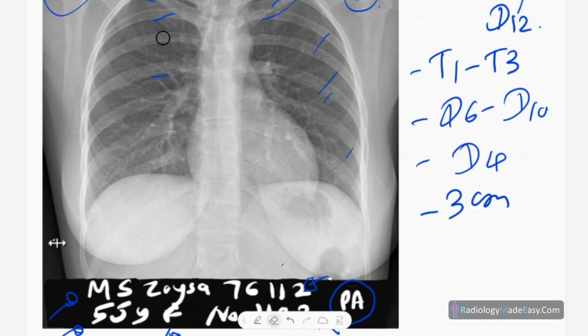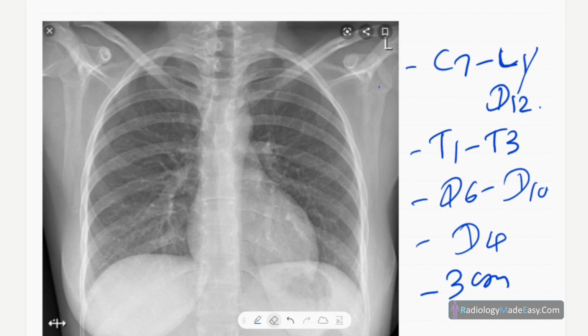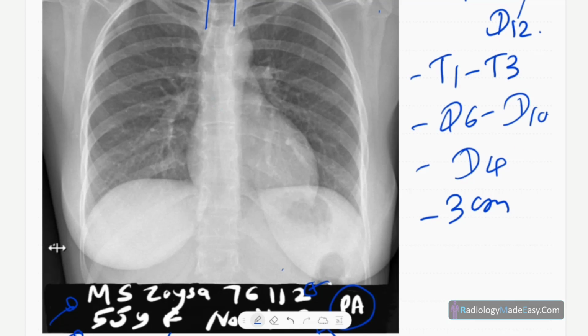In addition to those I mentioned, you can look for additional lines in the chest radiographs. This is the right paratracheal line. This is the left paratracheal stripe. This is the esophageal stripe. And this is the para-aortic line.